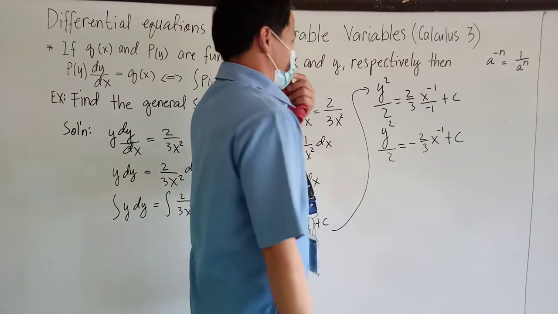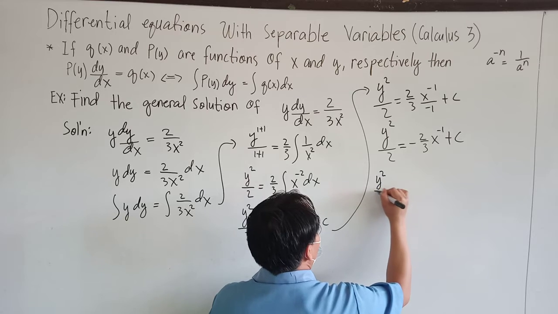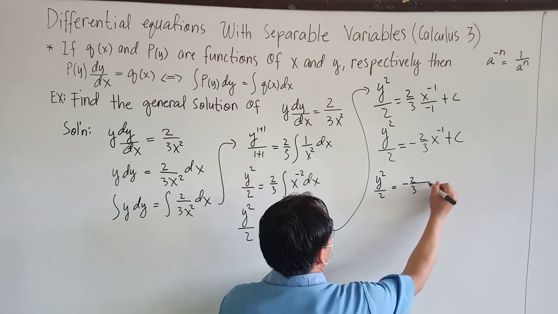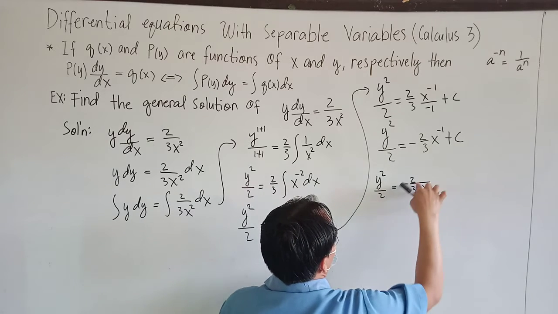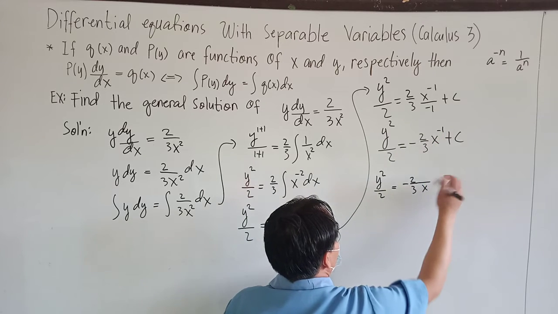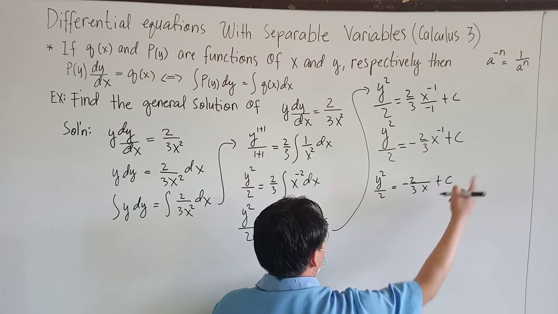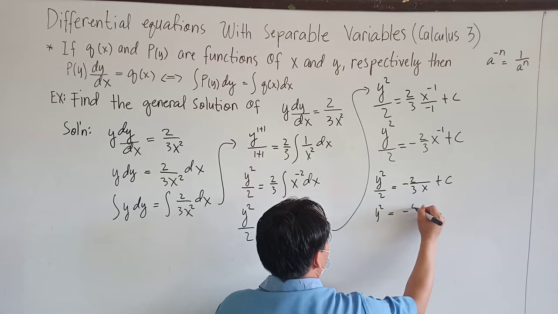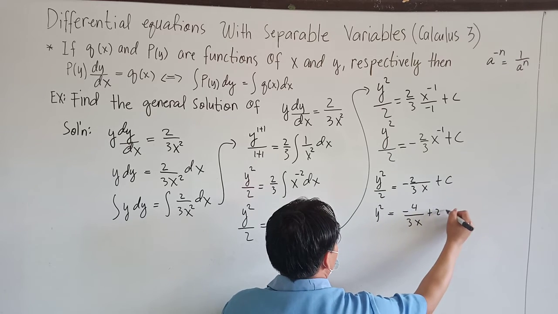So this will become y squared over 2 is equal to -2 over 3x, plus c. Then multiply this 2 to the other side, so it will become y squared is equal to -4 over 3x plus 2c.